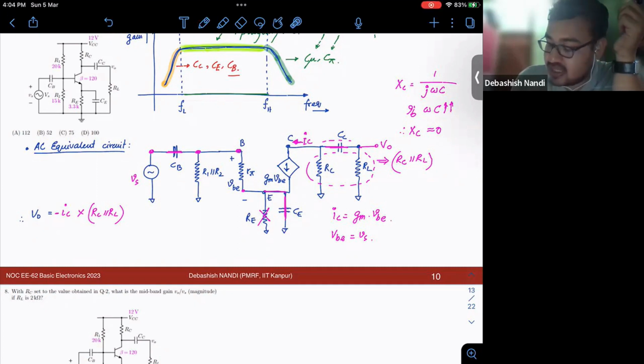If it is going in, then your V0 will be positive. This is the passive sign convention. So your IC is nothing but your gm into VS, and VO is minus gm VS into RC parallel RL.